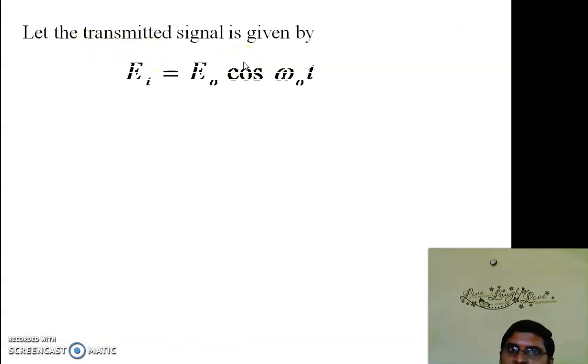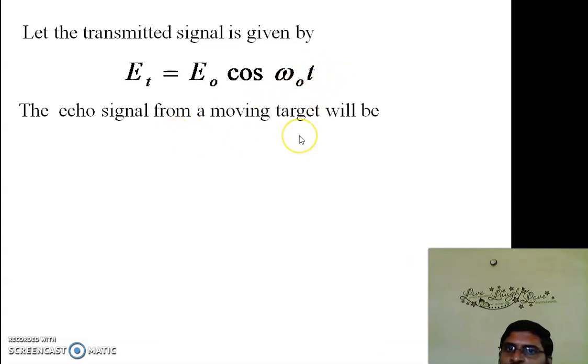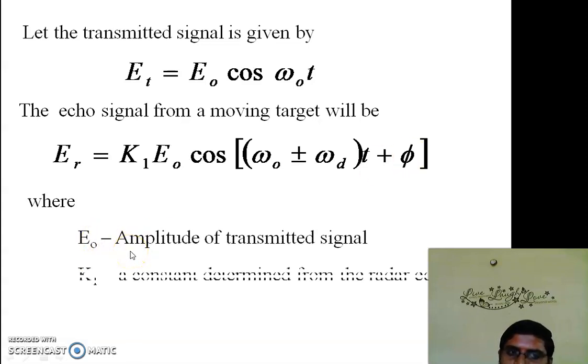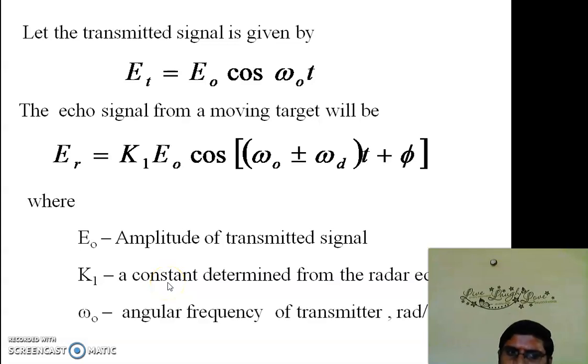Let the transmitted signal be given by this expression. There is no phase shift. The echo signal from the moving target will be cos of omega naught plus or minus the Doppler frequency shift, times t, plus an initial phase that depends on the range of the radar to the target, where E0 is the amplitude of the transmitted signal, K1 is a constant, and omega naught is the angular frequency of the transmitted signal.